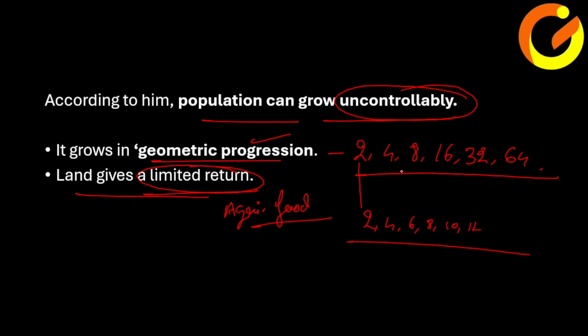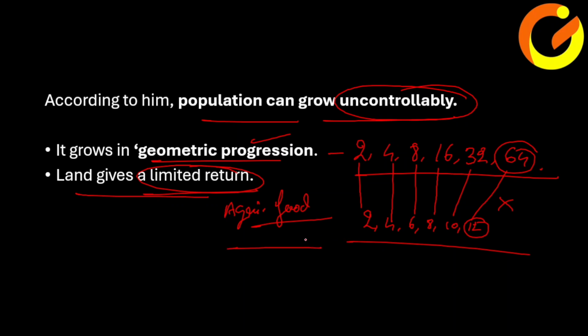Which means population is growing and the food is not growing to match the population. Getting the point? So the population increased to 64, but the food production increased to 12 only. Where is the match? There is a big mismatch. This mismatch is called the Malthusian catastrophe. Understand? So as a result of this, what is going to happen in the system?